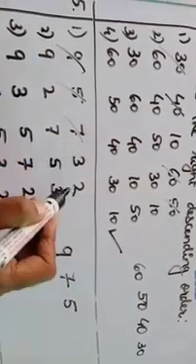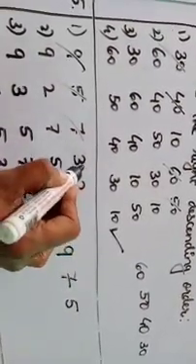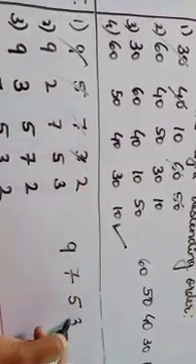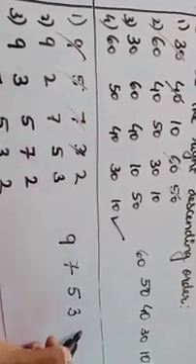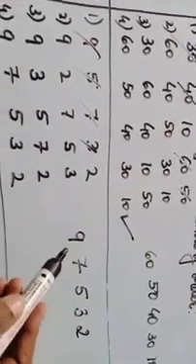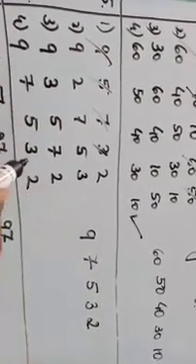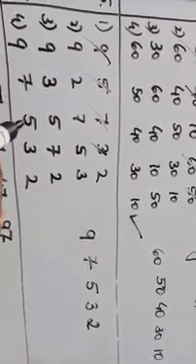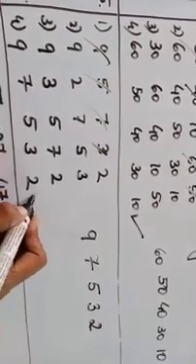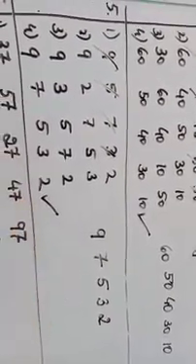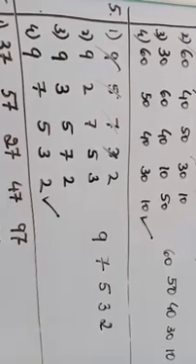Yes. The remaining 3 and 2. Let's write 3 here. And the last number is 2. So we got the answer 97532. So where is 97532? Yes, 97532 is the right answer. That is, the fourth option is our right answer.